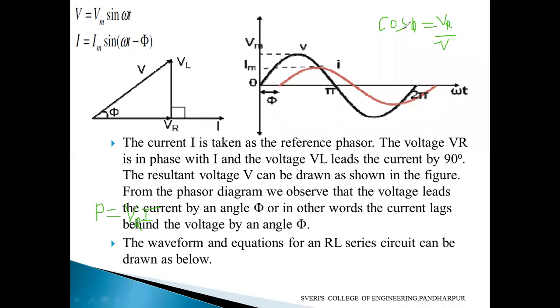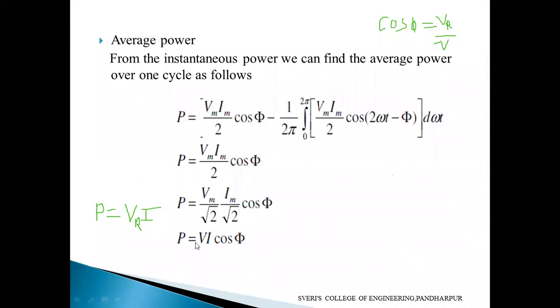In place of VR, we can substitute V cos phi. So it becomes VI cos phi. That is the average power we have to derive. The last equation is P equal to VI cos phi.